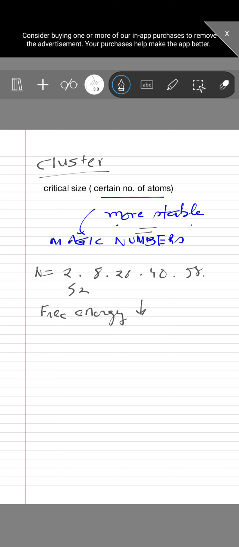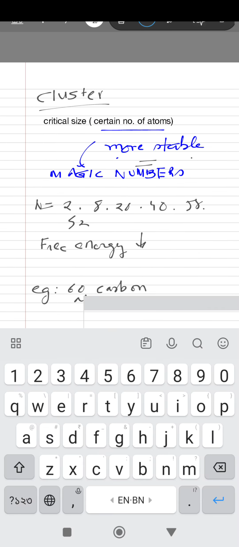Now a very obvious example of this cluster is 60 carbon atoms. They come together and form what is known as fullerene.